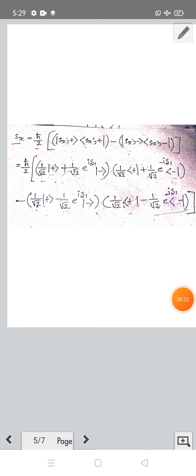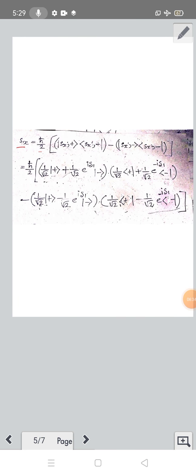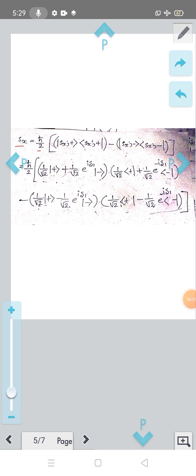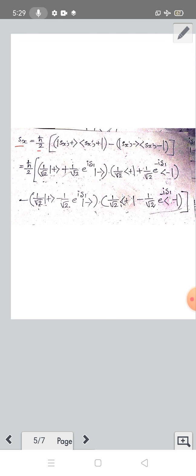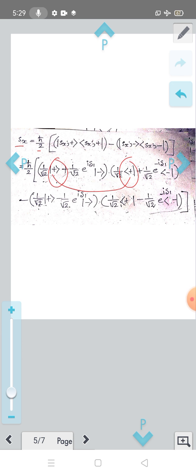Now we must be careful in expanding these terms. Here 1 by root 2 and 1 by root 2 are taken outside, so we will get 1 by 2. And in writing the ket plus and bra plus, we must write them in that order. It is not the inner product actually.